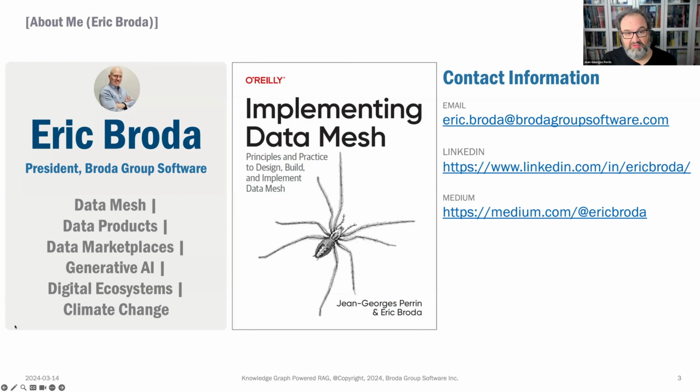But it complements the book pretty well. So we've got three parts in the book. The first part is basically trying to summarize what Zhamak wrote in a massive undertaking. So summarizing it is kind of very naive, but we've got a couple of chapters on that. Then we go to the technology part, and then we go to the socio part.